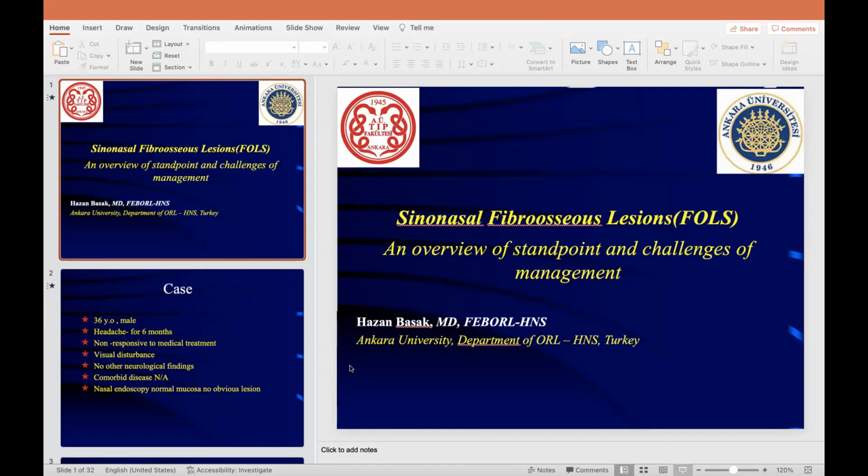So previously, years ago, we were doing surgeries for these cases, as you can see here. This is a postoperative second week complete resection, but nowadays they don't suggest going for surgery right away because they don't think that the headache is caused by this tumor.